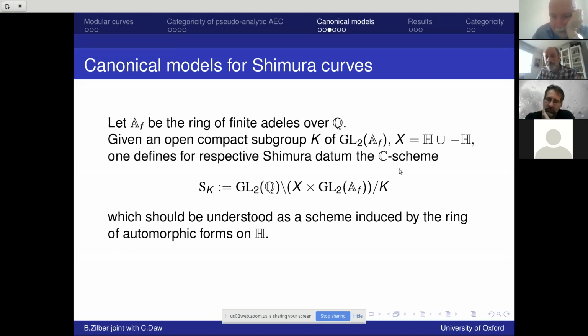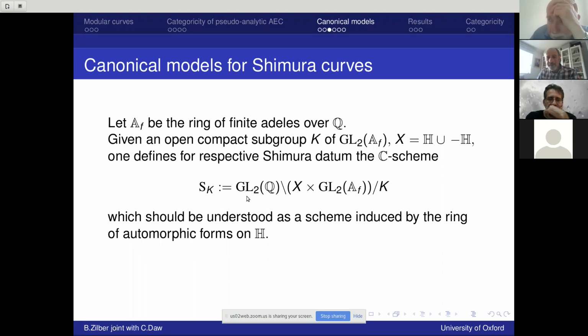Because GL2Q acts on H together with the lower half plane, right? So the action is well defined, and you also have an action of this. It is actually a subgroup of this guy. So it makes sense to quotient by this subgroup, and this one is only applicable to this side.